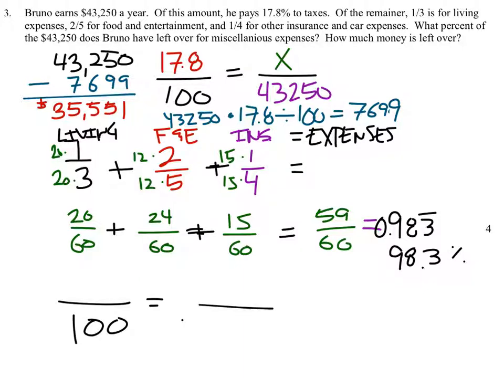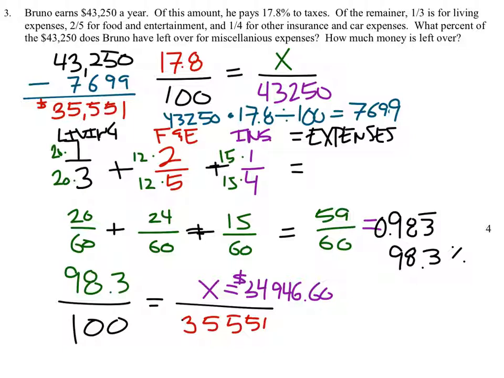So we got the percentage, 98.3, and we can see that this would be 98.3% of whatever was left, which was the $35,551. And we need to solve for how much that is. Now this is how much comes out of his earnings. So we would still need to subtract this off.